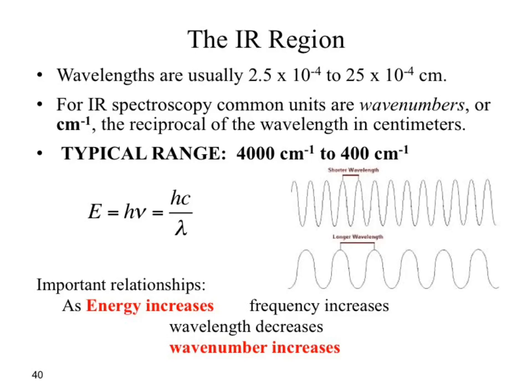Why? I have no idea, but that's what we do. So we're looking at the range of 4,000 wave numbers to 400 wave numbers. And that just happens to correspond to the energy for our individual sample, and allows us to predict some information about our compounds.